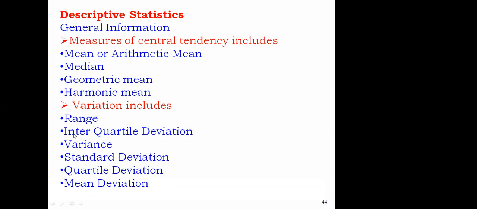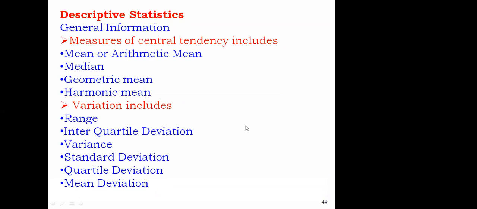And dispersion includes range, interquartile range, variance, standard deviation, quartile deviation, and mean deviation. These things are needed. Most people, whether from a statistics background or not, use this type of thing in our daily routine.